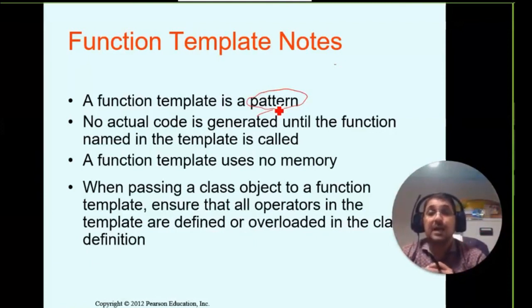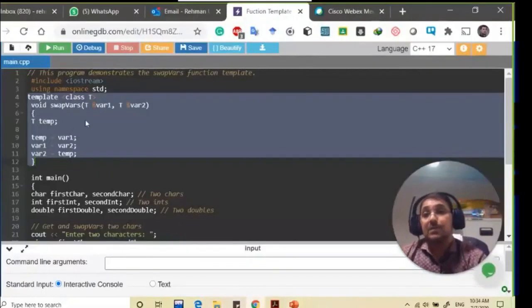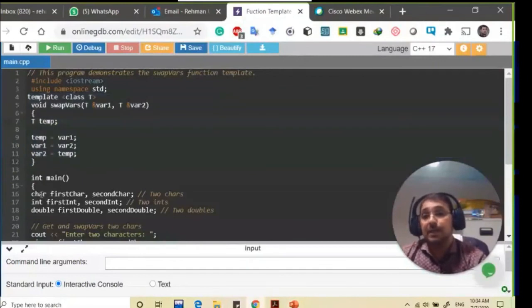When passing a class object to a function template, ensure that all operators in the template are defined and overloaded in the class definition. It means that in these examples, we have used built-in data types, like here. You see, we have used built-in data types character, int, and double. So for the compiler, it is not a problem.